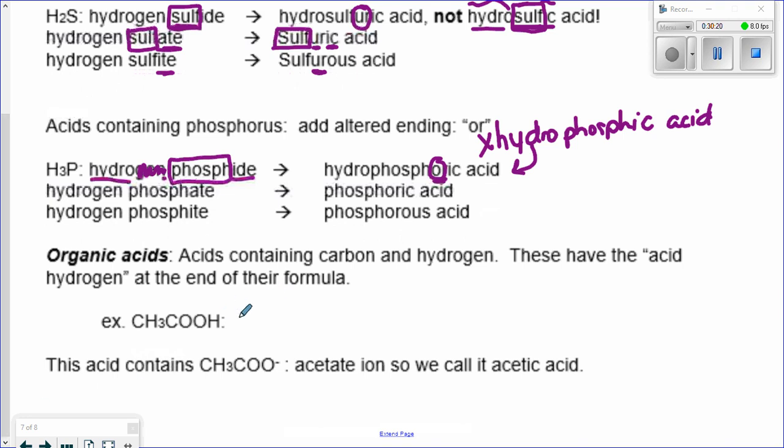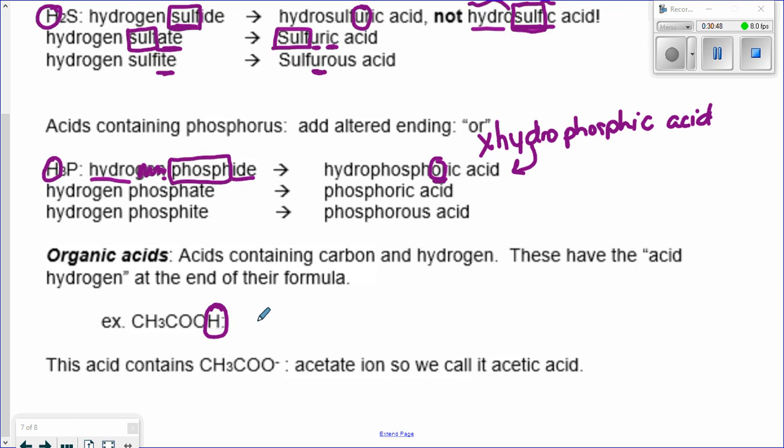Another exception that you will see is organic acids. Again, these don't really come up a whole heck of a lot. These are acids that contain carbon and hydrogen. With all of the other ones, we always have that hydrogen at the beginning, but this one actually contains hydrogen at the end of the formula.